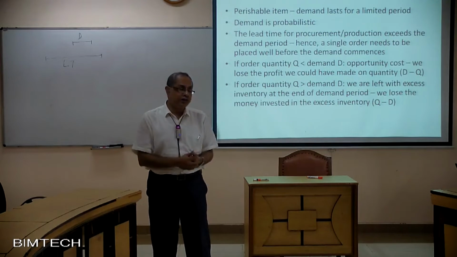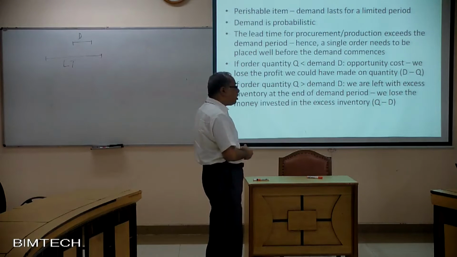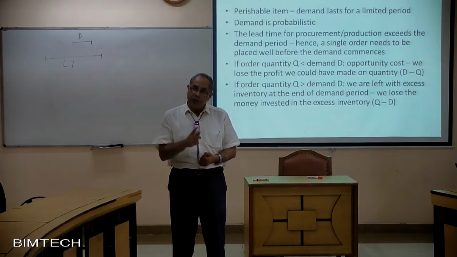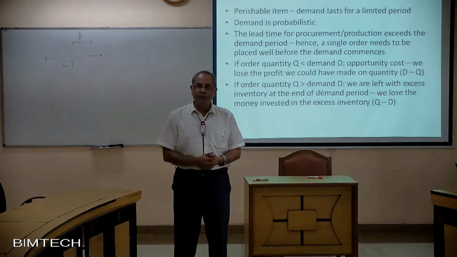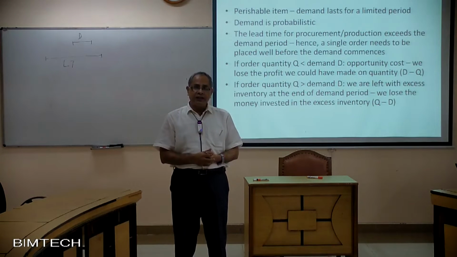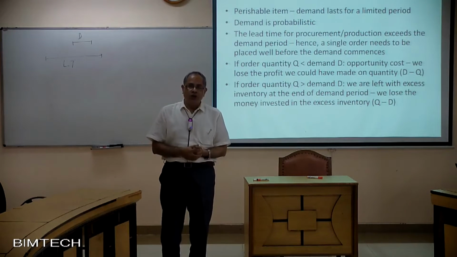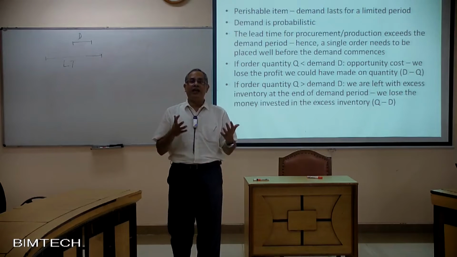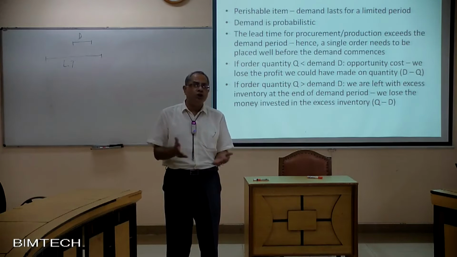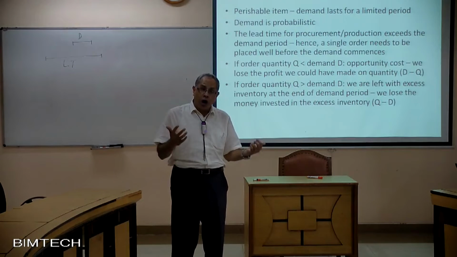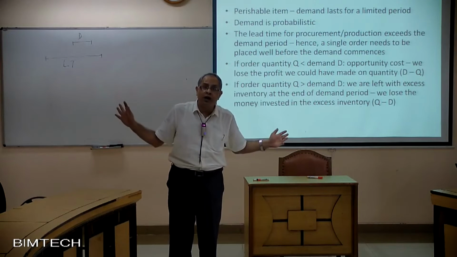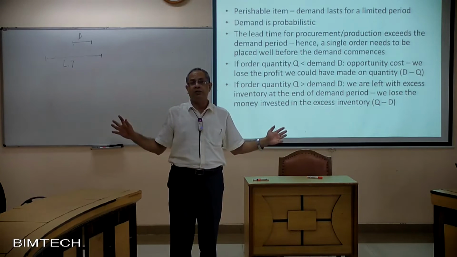The flip side, on the other hand, is that if the order quantity Q is greater than D, and remember D has only one value, then after the demand period is over, you are left with excess inventory, and this excess inventory is of no value to you because the item is perishable, which means that the demand no longer exists after the demand period.